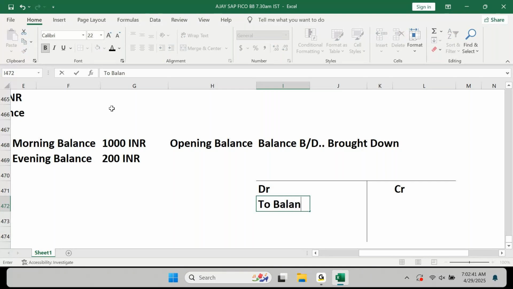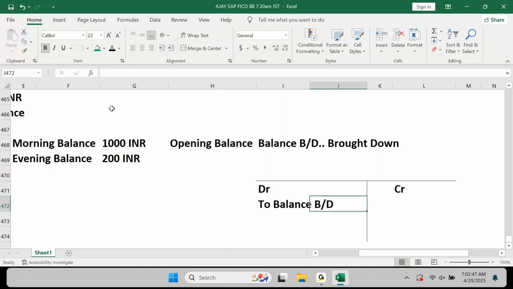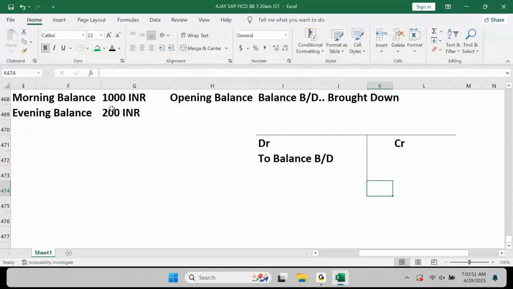To balance brought down, you will put. Am I right? And at the end, by balance carried down.